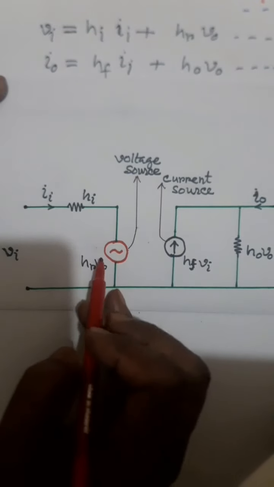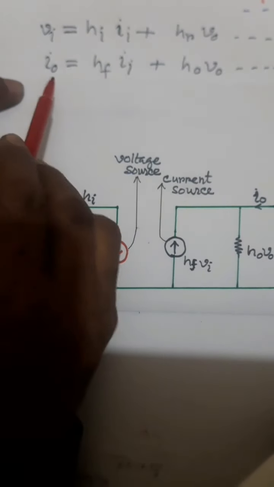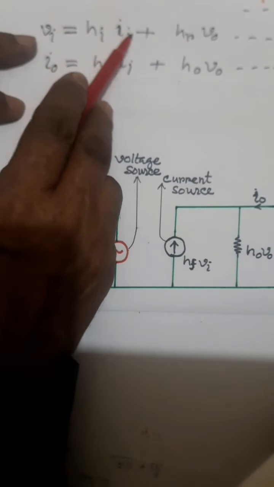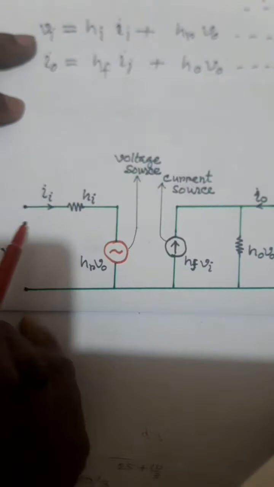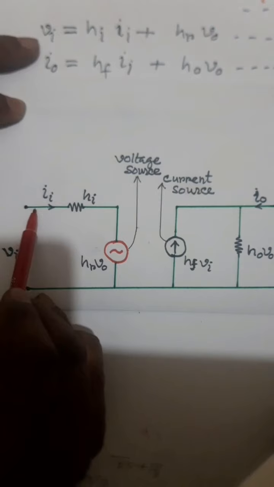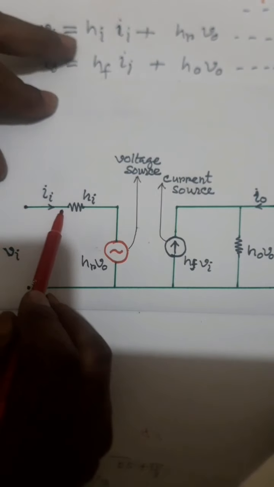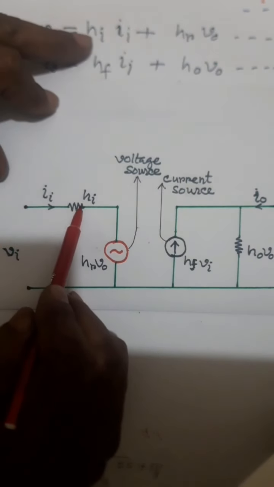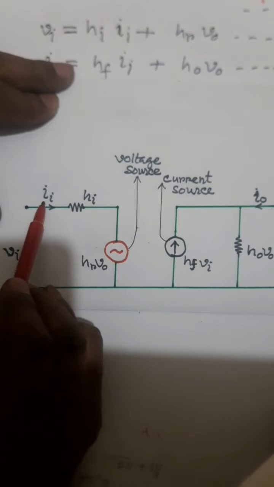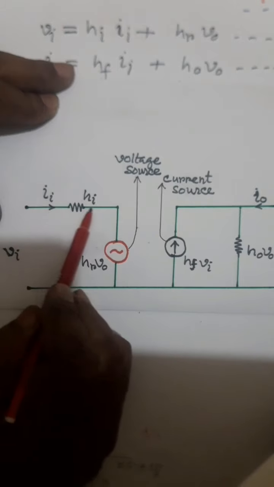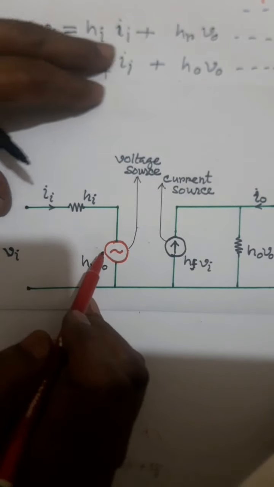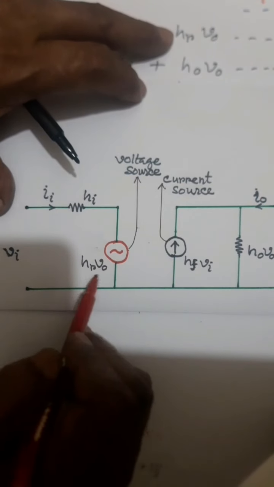Look at the equivalent circuit. The equation Vi equal to Hi Ii plus Hr Vo. This is Vi. Vi has two parts, Hi Ii, where Hi is input impedance and Ii is input current, and another voltage Hr Vo.